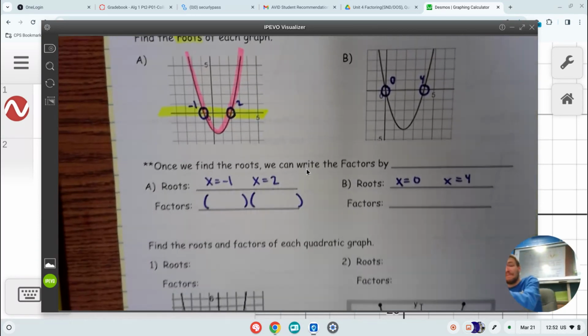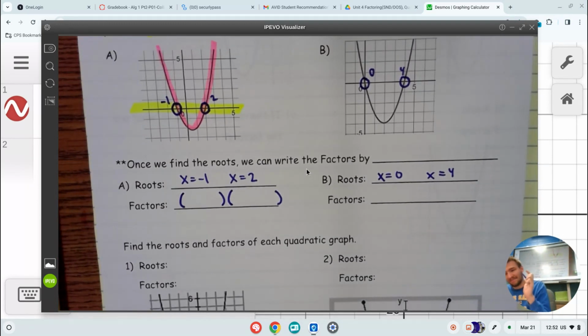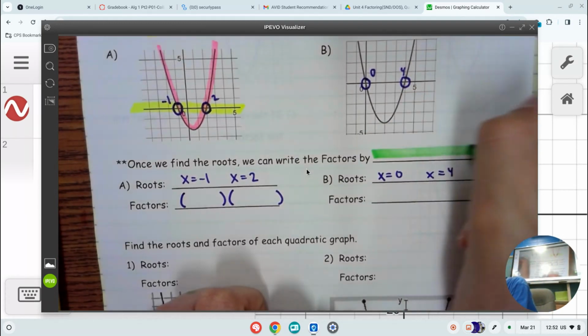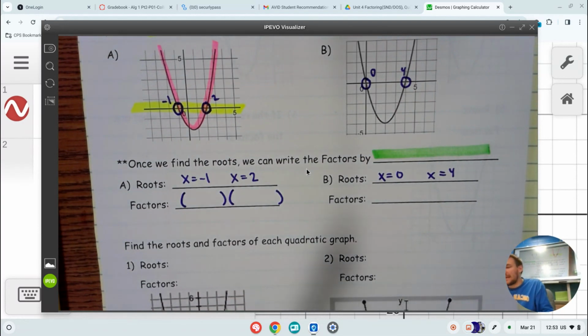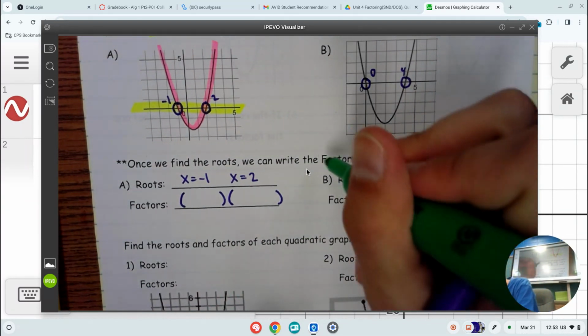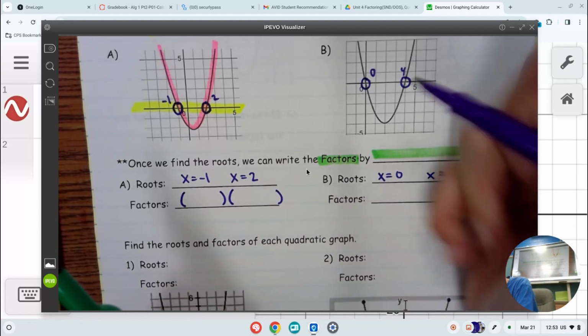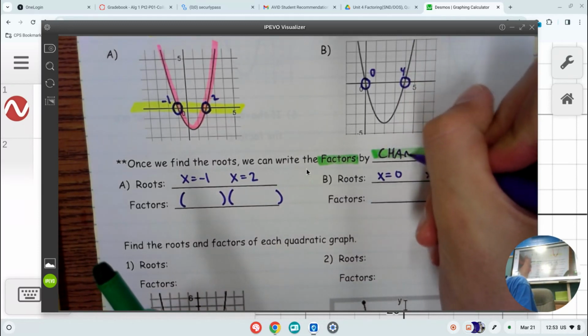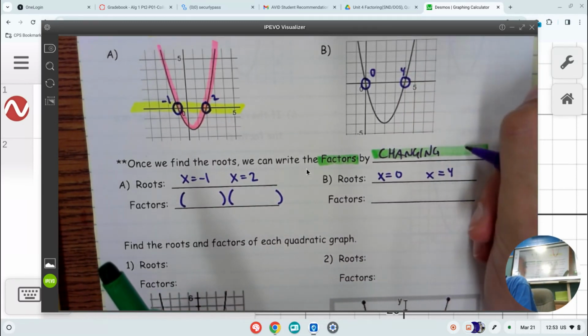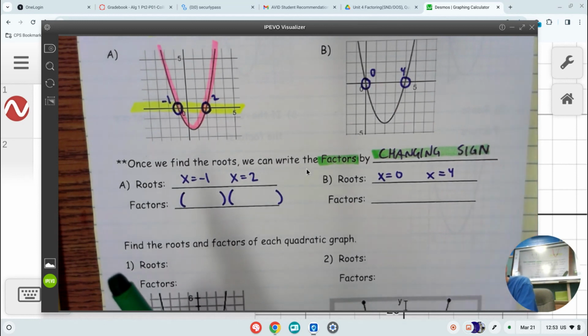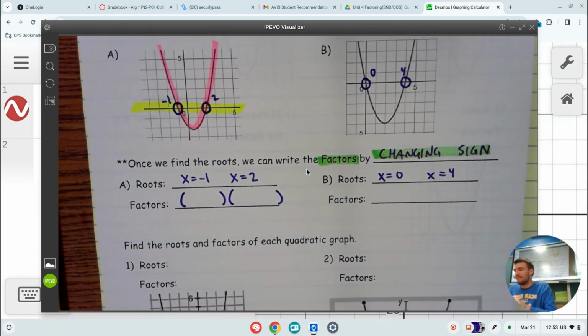Our factors is going to be parentheses. But here's the main thing. This is what we're trying to learn today. I'm going to put it in green. We can find the factors by changing sign. And this is where today goes from extremely easy to still very easy, but maybe not extremely easy.